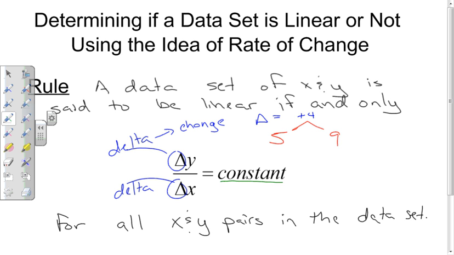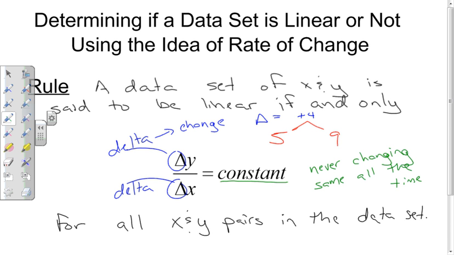So now, what do we mean by constant? A constant means it's never changing. It means it's the same all the time. So there's a couple things we need to be able to compute here.